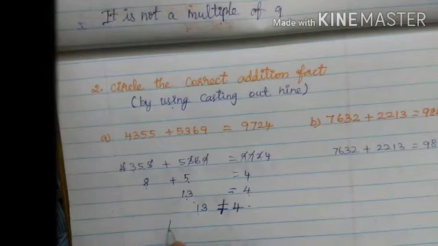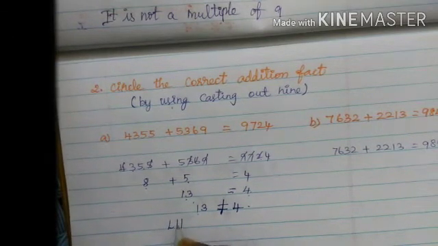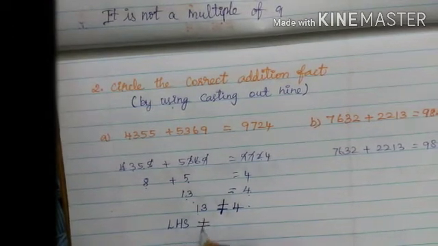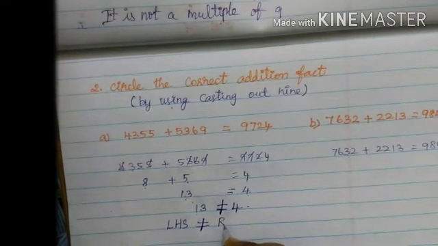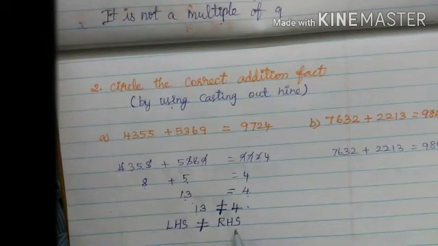So you should write LHS, left hand side, not equal to RHS, right hand side.